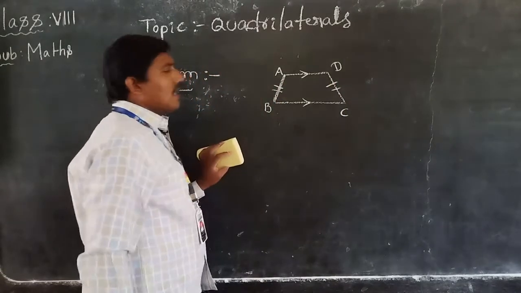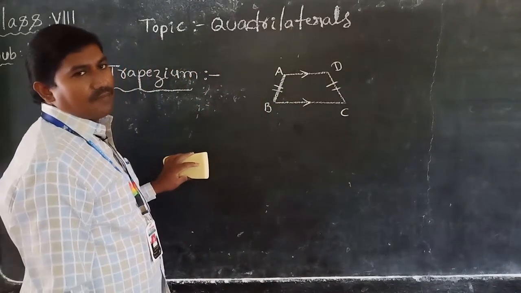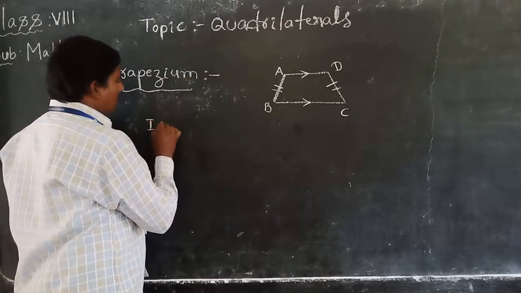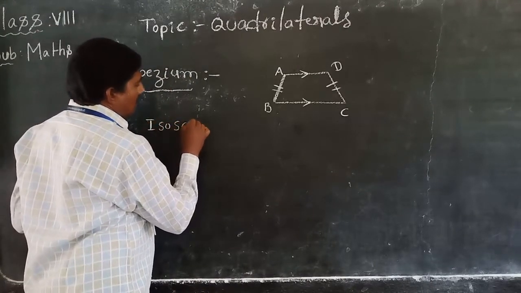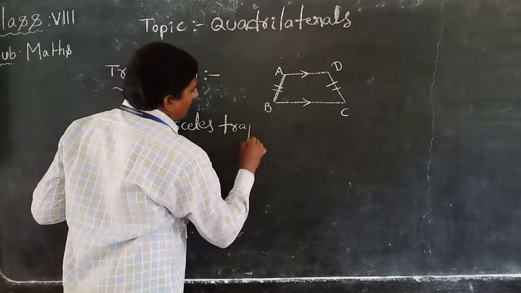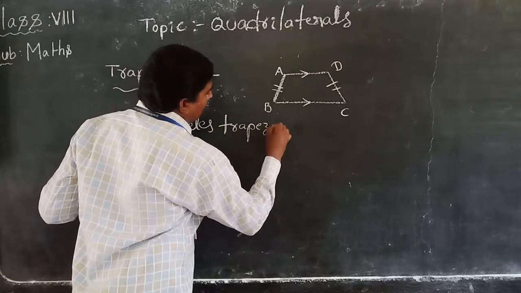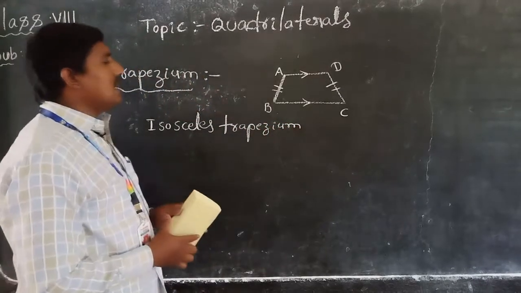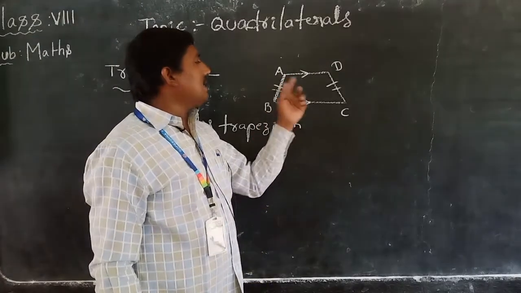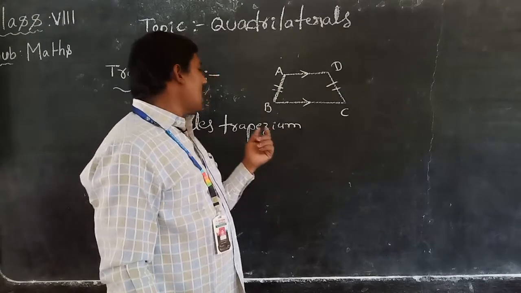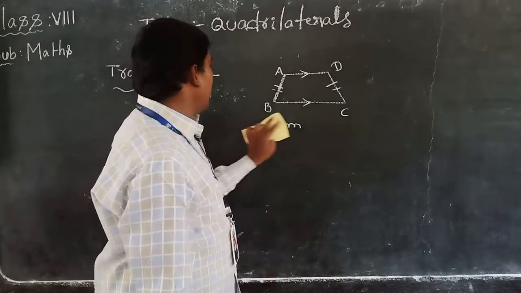That is called an isosceles trapezium. Isosceles trapezium means, in a quadrilateral, one pair of opposite sides are parallel and the non-parallel sides are equal.